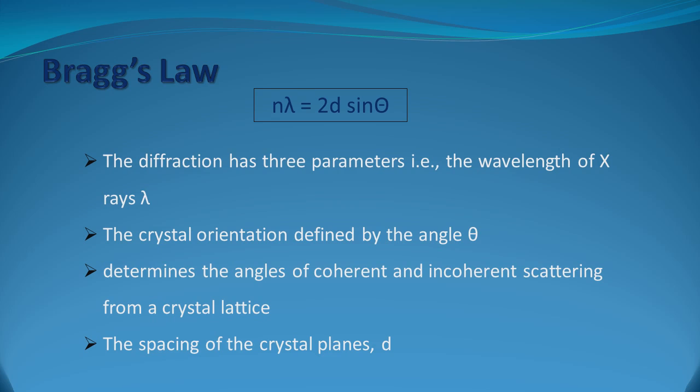2d sin theta equals n lambda, and there are three parameters. Lambda is the wavelength of the source. Theta defines the orientation of the crystal and the angle created between the lattice planes and the source due to the scattering effect, and it determines the angle of both coherent and incoherent scattering.